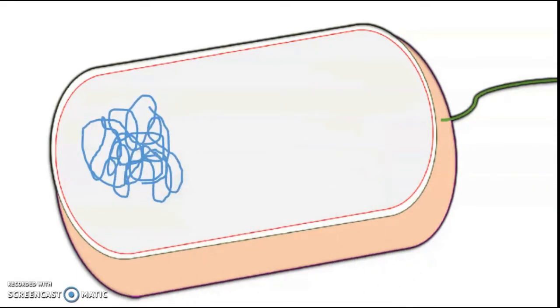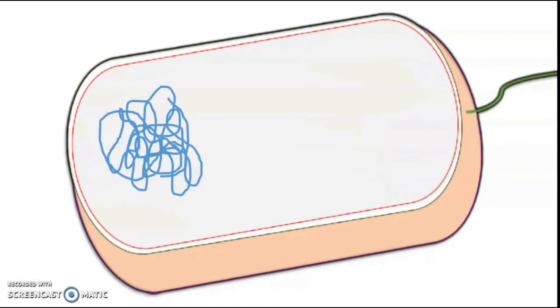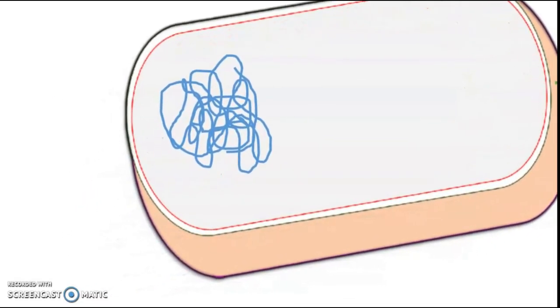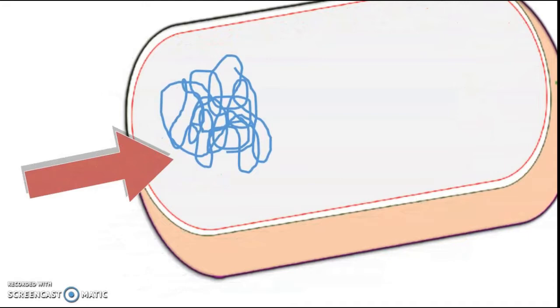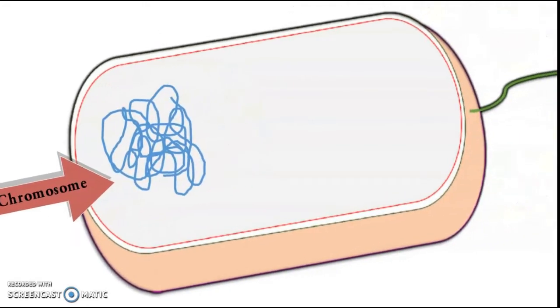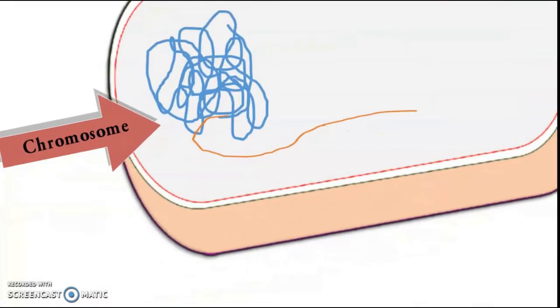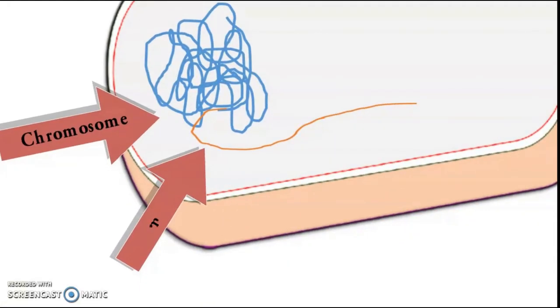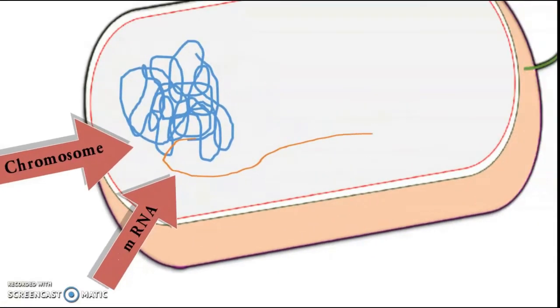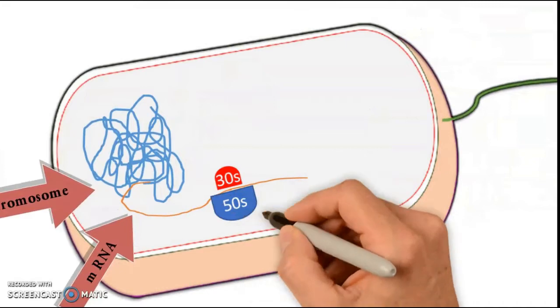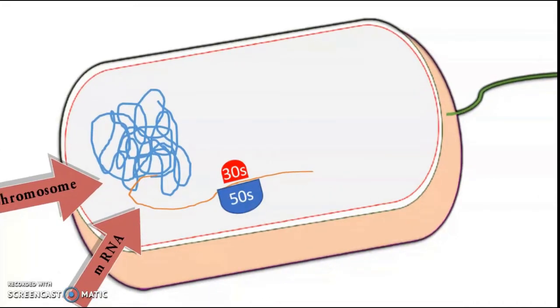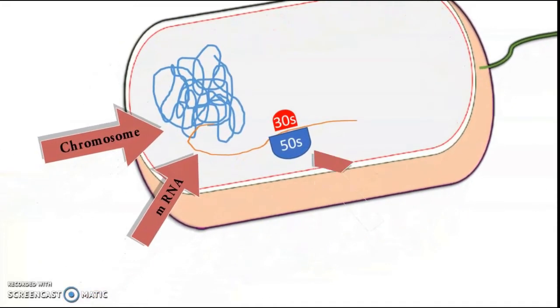It consists of its own genetic material, that is the chromosome, which is unlike human genetic material when it comes to its shape and pattern of coiling. This genetic material is capable of transcription and translation, which synthesizes its own messenger RNA and has the capability of synthesizing its own proteins with the help of ribosomes, that is 30S and 50S ribosomes.